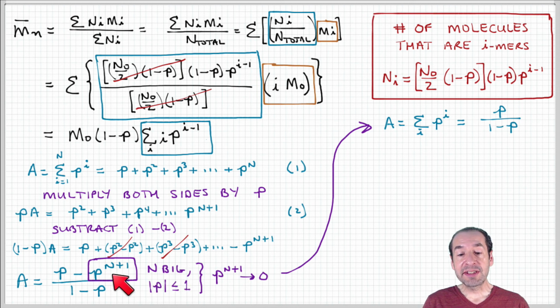So for this case, p to the n plus 1, a number less than 1 raised to a large power, is going to give you a very small number, and it's going to approach essentially 0. So I can neglect this term with respect to p and express this summation as the ratio of p over 1 minus p.